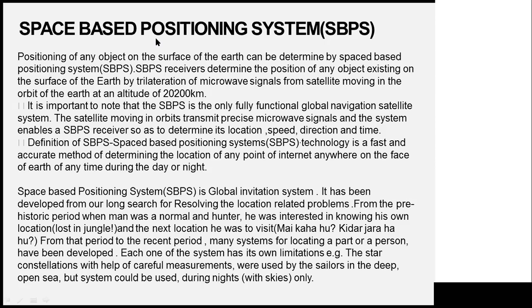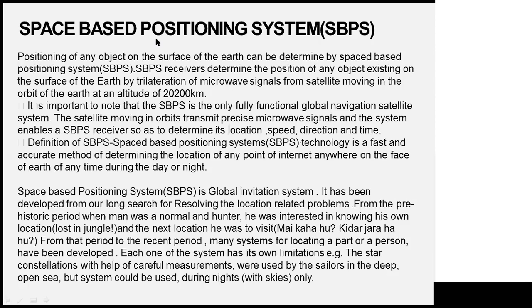So the definition of SBPS, the space-based positioning system, is a fast and accurate method of determining the location of any point anywhere on the face of earth at any time during the day or night. So this is the SBPS, the space-based positioning system.